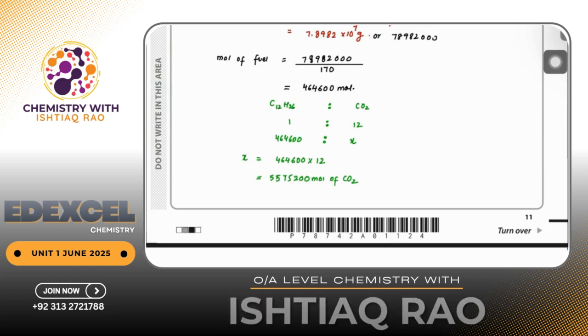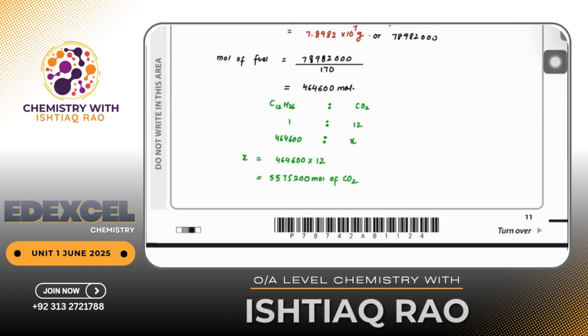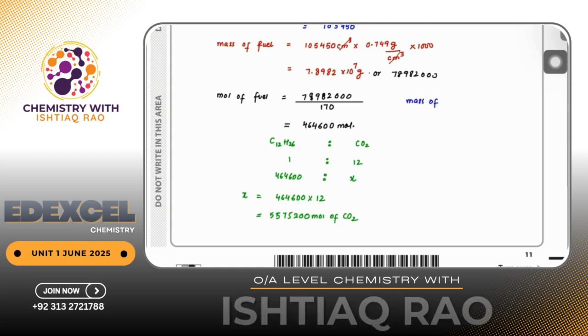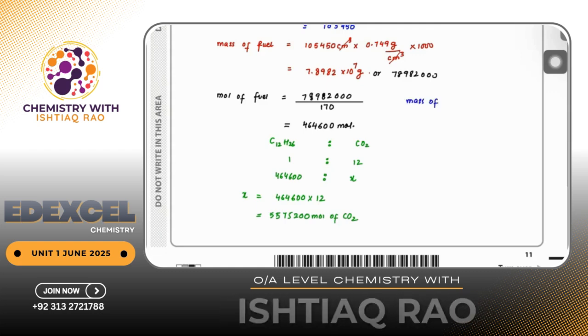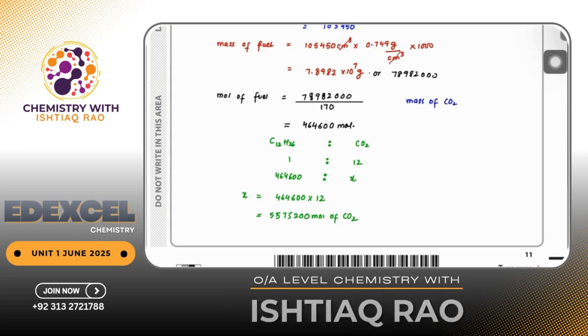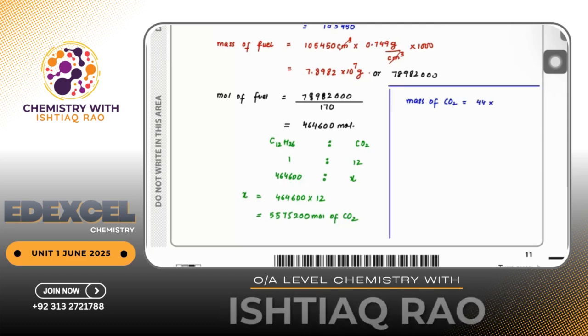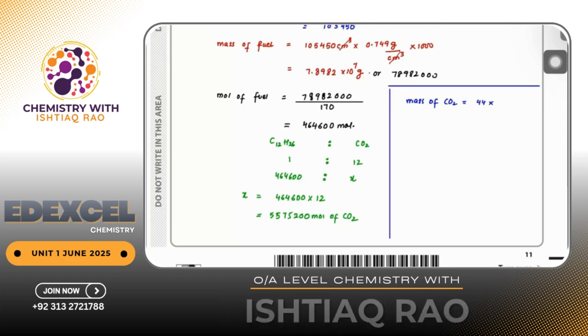Then I have to find out the mass of carbon dioxide, which is Mr times moles. Mr of carbon dioxide is 44 multiplied by the mole, that is 5,575,200.